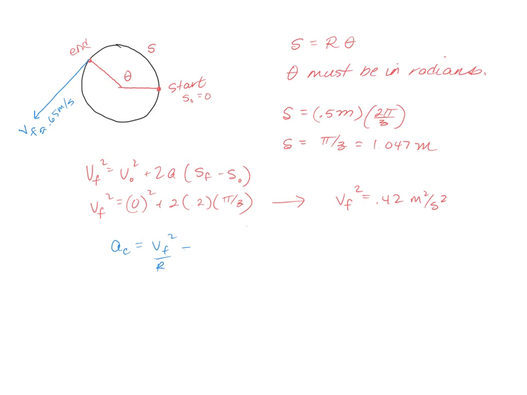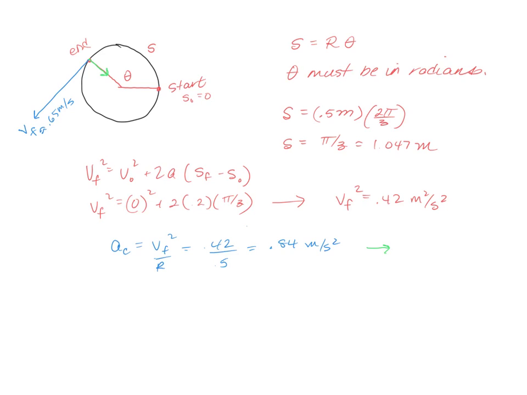That's why I kept v final squared: 0.42 divided by the radius, 0.5 meters, gives us an acceleration of 0.84 meters per second squared. Remember that points radially inward, so I'm going to put that on there in green. That's the green vector. Now you might say, okay, that's it.